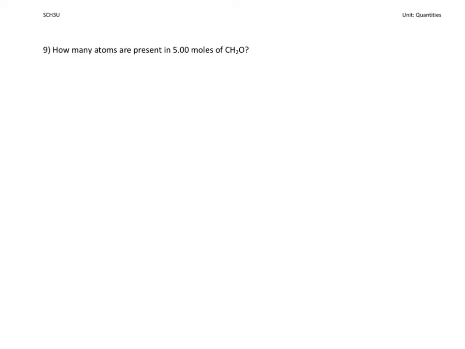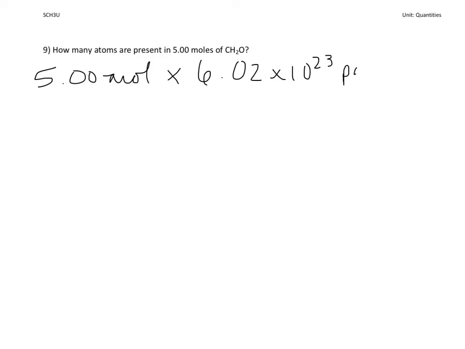So for our final example here, let's look at this. I've got 5.0 moles of CO2, and I'm being asked how many atoms. So now I want to get rid of moles and work towards atoms. So let's work towards particles. So times 6.02 times 10 to the 23 particles per mole.